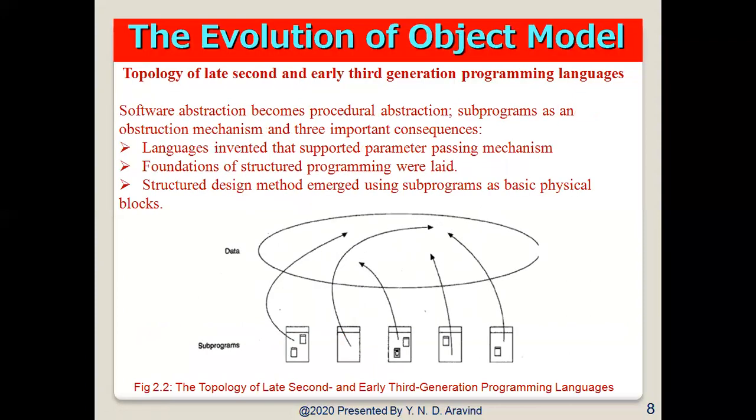By the 1960s, programmers finally began recognizing an important intermediate point between the problem and the computer. The first software abstraction, now called procedural abstraction, grew directly out of the algorithmic view of software. The realization that subprograms could serve as an abstraction mechanism had three important consequences. Firstly, languages were invented that support a variety of parameter passing mechanisms.